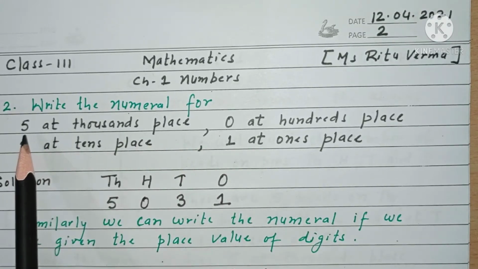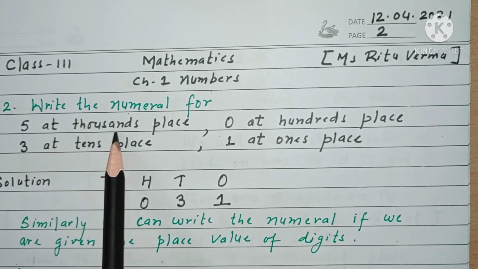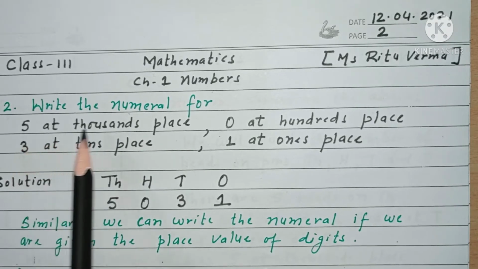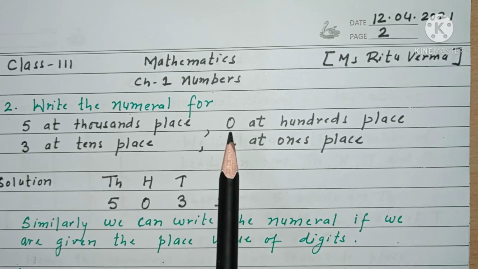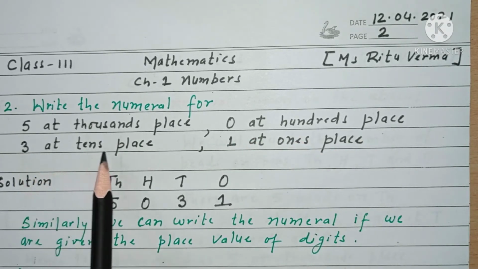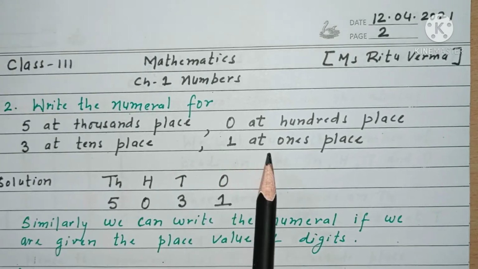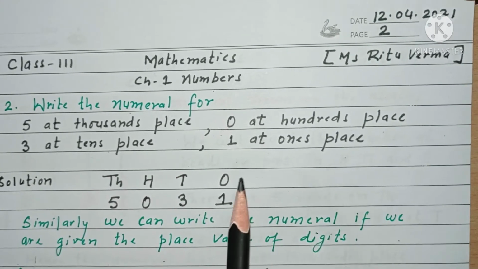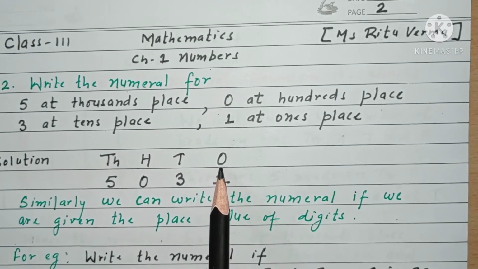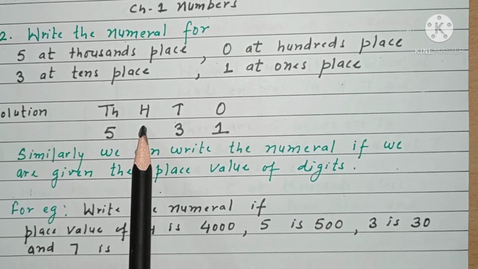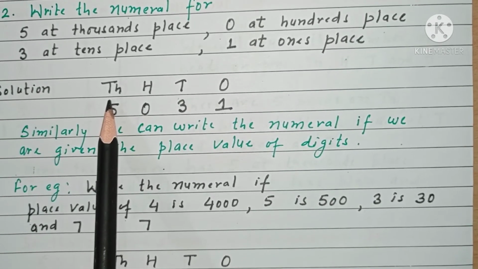Now, see, 5 at thousands place. We have to write the numeral which is having 5 at thousands place, 0 at hundreds place, 3 at tens place, and 1 at the ones place. So how to write it? First of all, mention O is for ones, T is for tens, H is for hundreds, and TH for thousands.